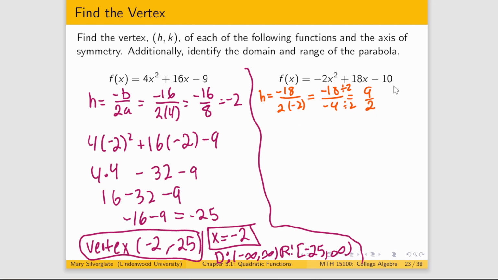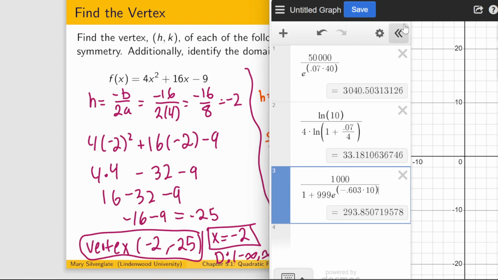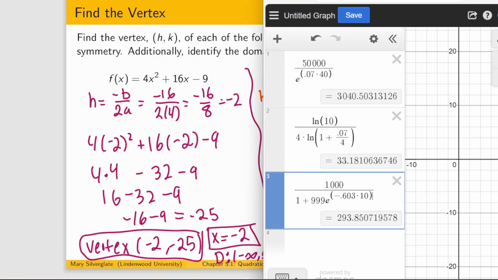So I've already figured out that the axis of symmetry is through x equals 9/2. Then I want to figure out the y-coordinate of the vertex, so in order to do that, I'm going to want to plug in 9/2 into this equation. And once I've shown this work, I would actually say these numbers are funky enough that I would break out a calculator.